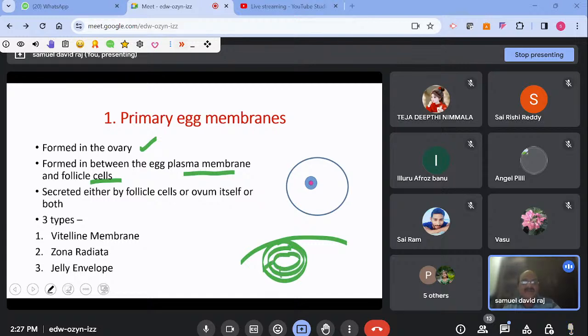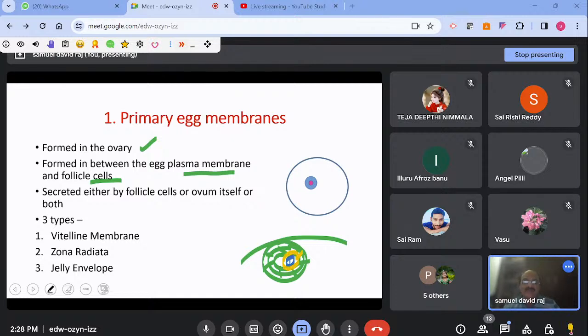So the Graafian follicle has a number of follicular epithelial cells inside which there is an egg. So the primary egg membranes develop between the egg plasma membrane, this blue color, and follicle cells, the green colored cells. So it will be like this between these two.